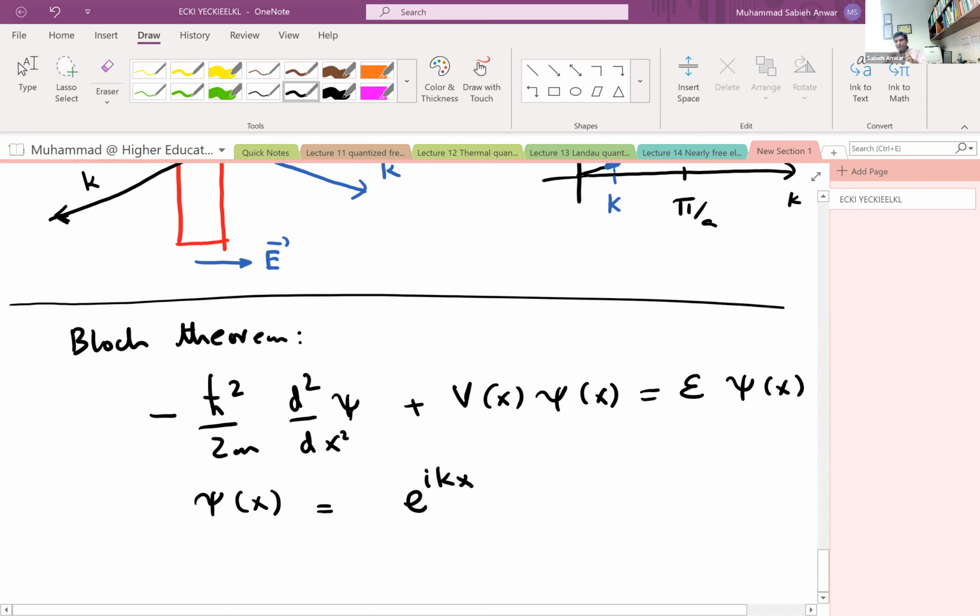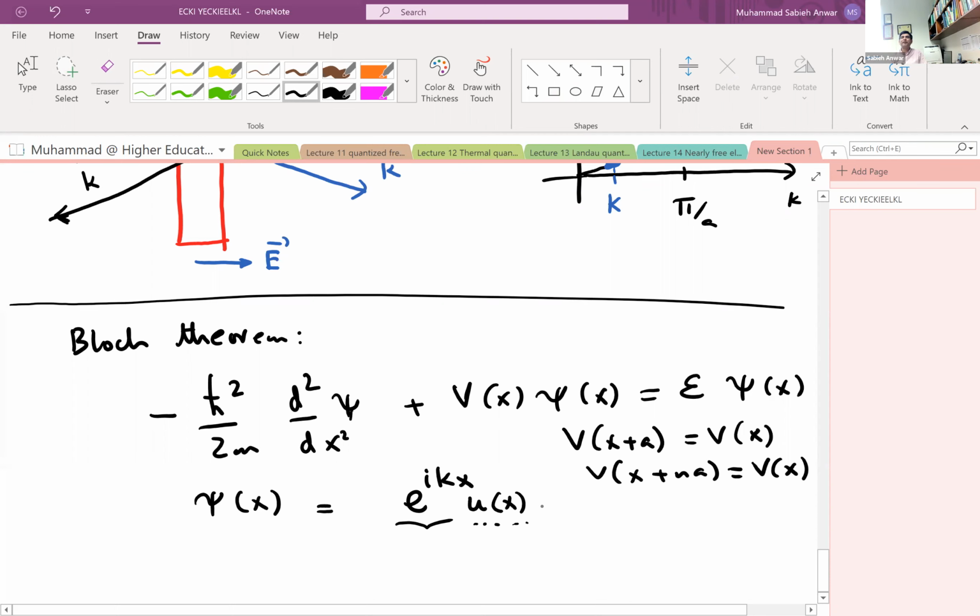But if you now have a periodic potential defined by V(x plus a) equals V(x), or V(x plus Na) equals V(x), where a is the lattice spacing, then this wave function is the original plane wave multiplied by another function which is periodic in x. So this u(x) is such that u(x plus Na) equals u(x).